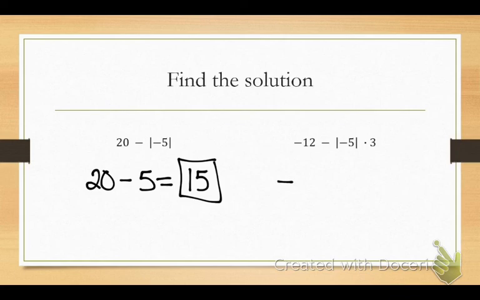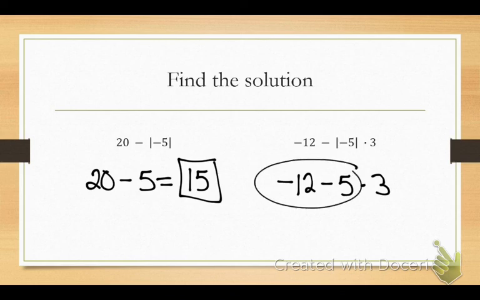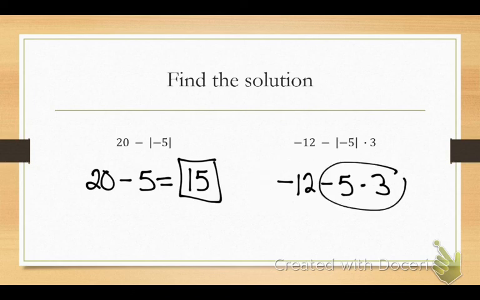All right, negative 12 minus 5, because the absolute value of negative 5 is 5, times 3. Now you have to ask yourself, part of our tendency is to say 12 minus 5 times 3, or negative 12 minus 5. But remember, we do not subtract before we multiply. And you also need to keep in mind that 5 is negative.